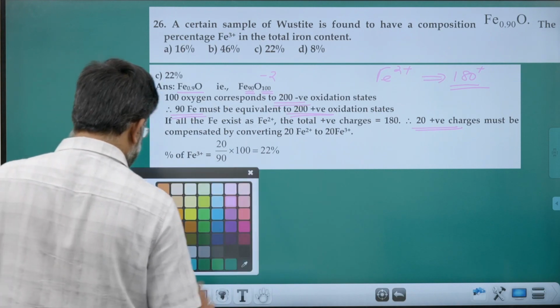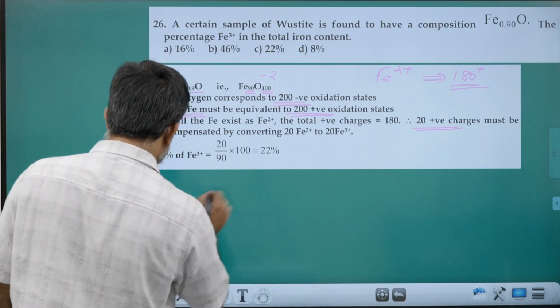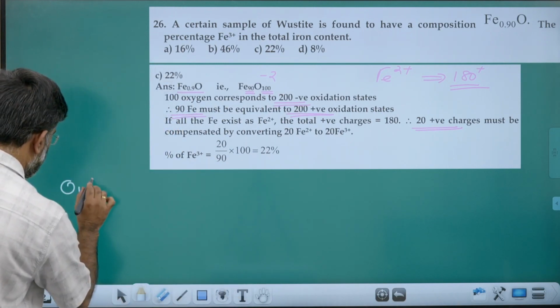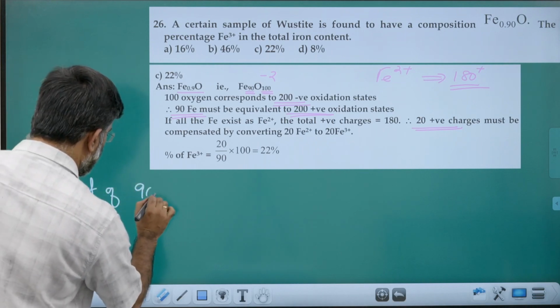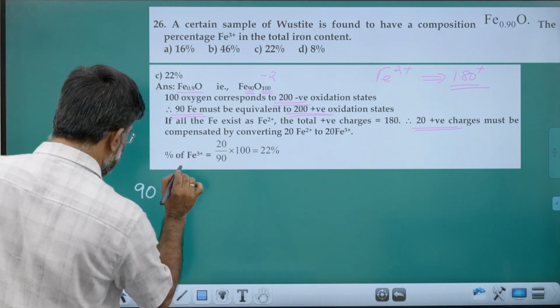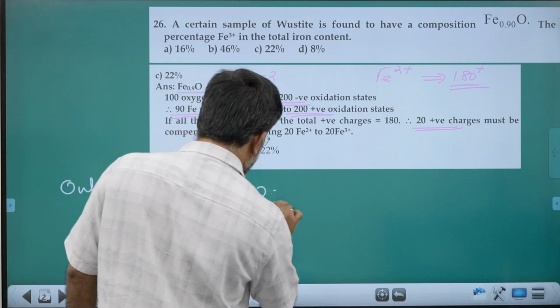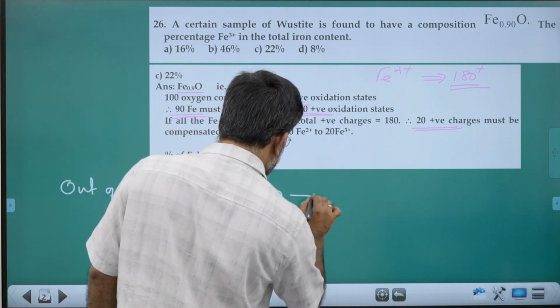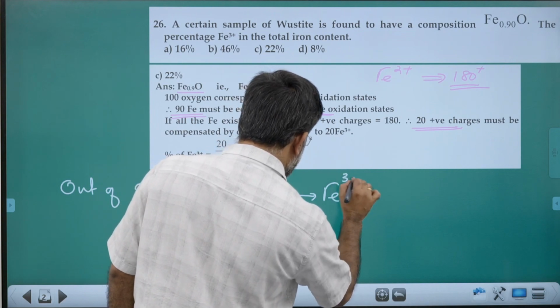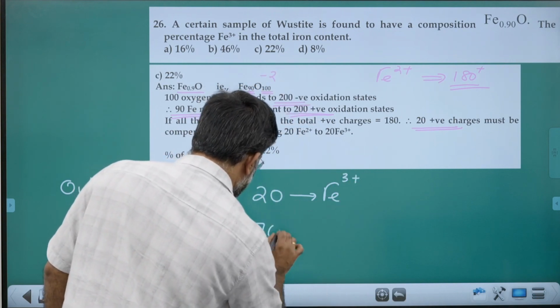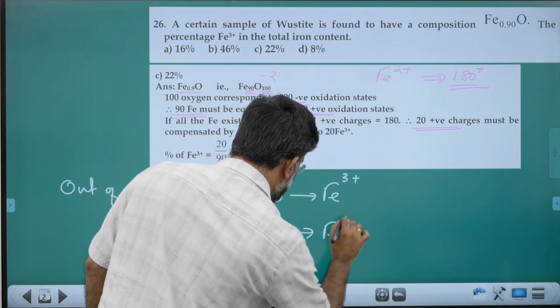So please understand, out of 90 iron, 20 will be Fe3+ and the remaining 70 will be Fe2+.